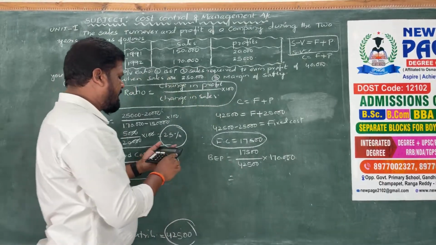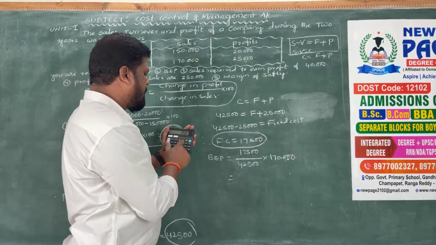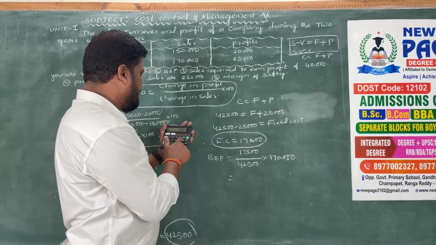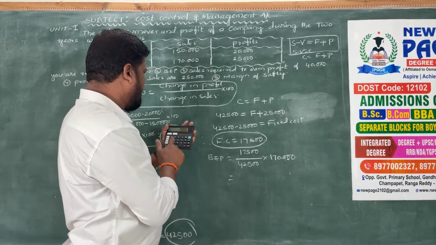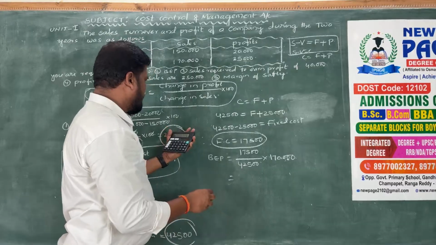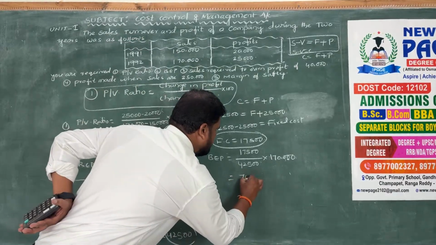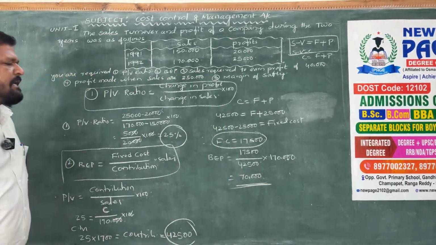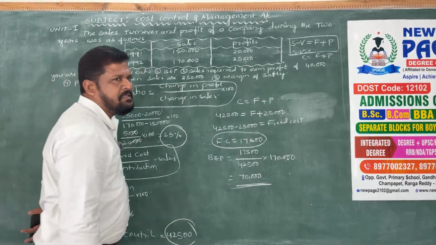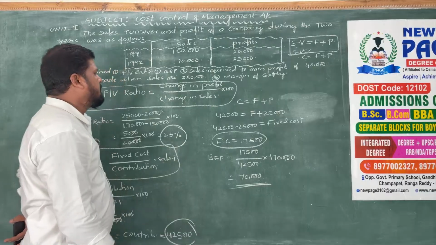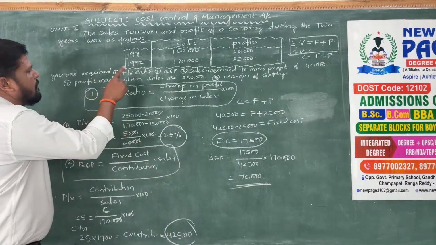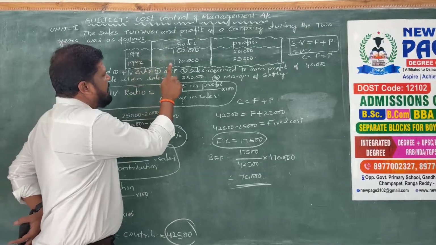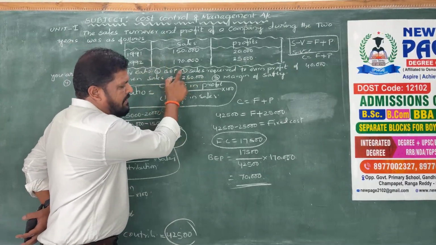Right? 17,500 divided by 42,500 into 1,70,000 is equal to 70,000. Right? 70,000 is BEP sales. PV ratio completed, BEP completed.